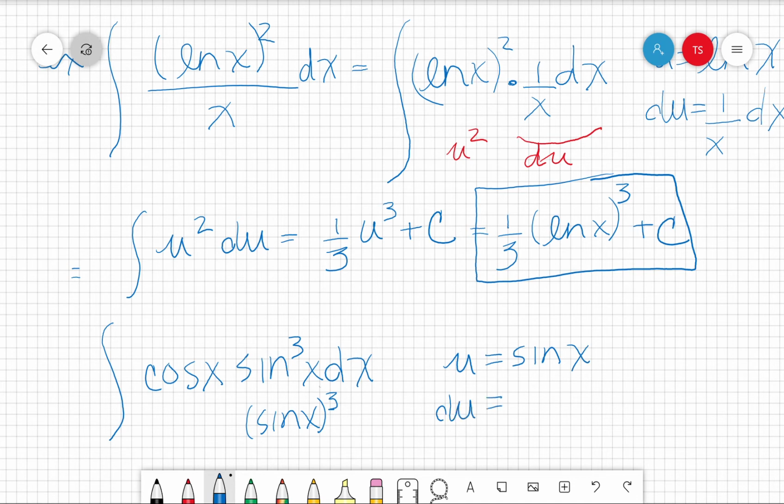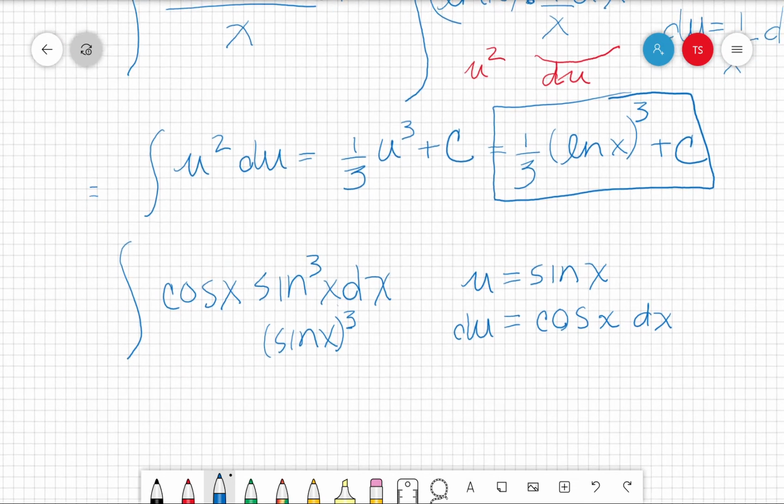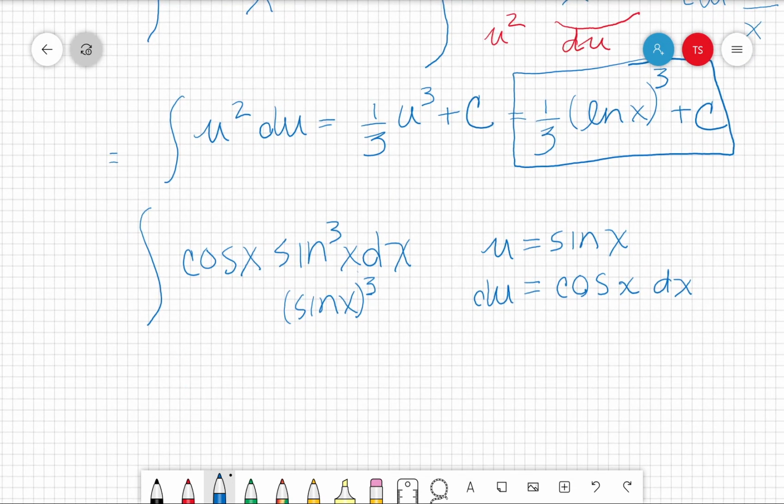Du is equal to cosine x dx. And then what we'll be integrating is u cubed du. And that will be equal to 1/4 u to the 4th plus c.